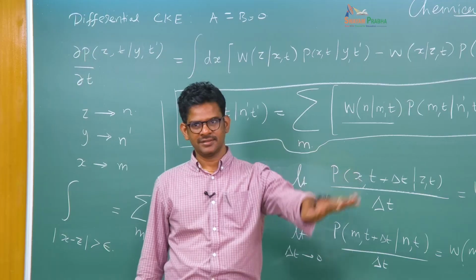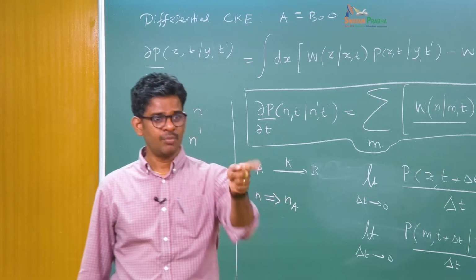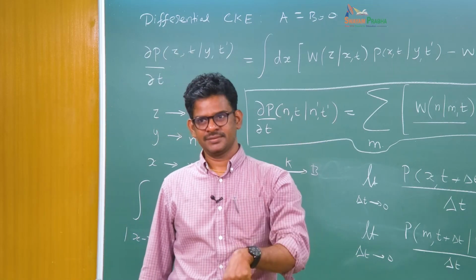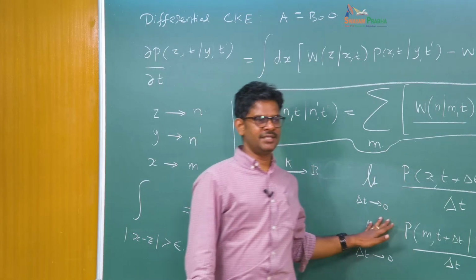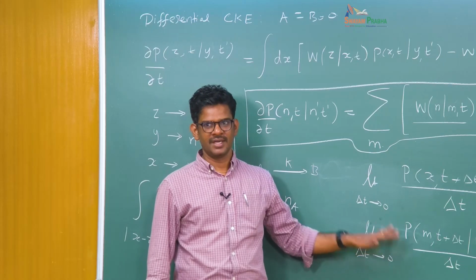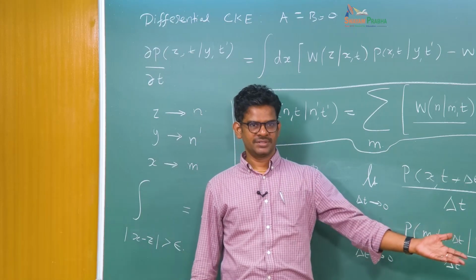If I ask a question, the probability of who will answer depends on how many students are sitting here, not on who was sitting in the previous class. Here, the reaction kinetics is determined by the number of molecules present at time t. That pretty much justifies that it can be modeled as a Markov process.